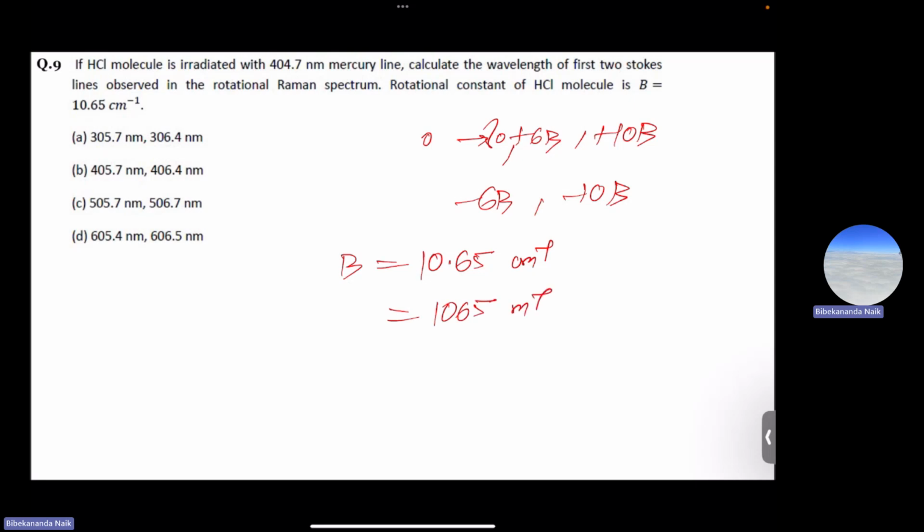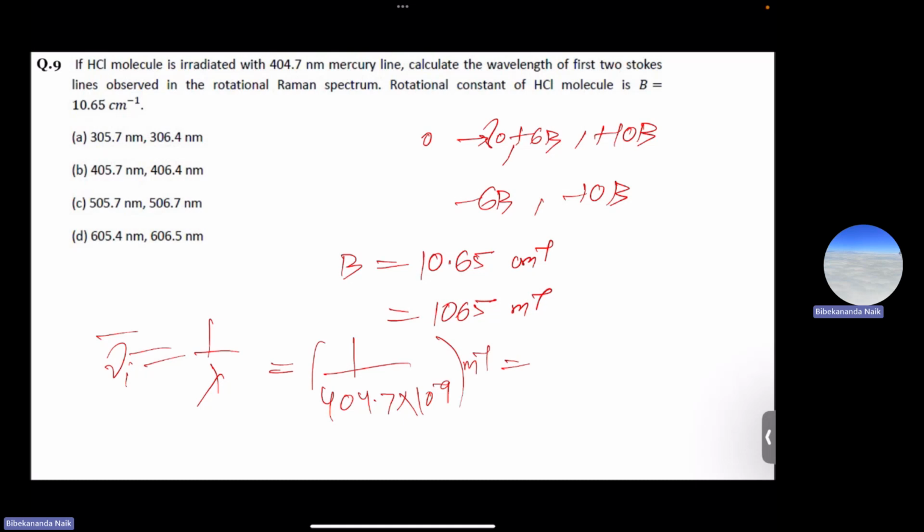Now corresponding to the incident light of wavelength 404.7 nanometer, its wave number will be 1 by lambda, which is 1 by 404.7 into 10 to the power minus 9 meter inverse.